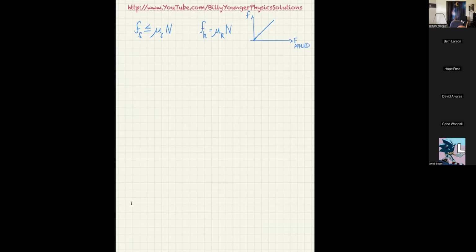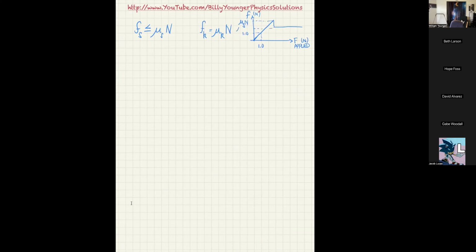So, for instance, if you applied a force of 1.0 newtons, both of these being measured in newtons, by the way, then the friction would supply a force of 1.0 newtons as well. And that continued on until you got to this quantity right here, which is mu static times the normal force, at which point it drops back down and the friction force stayed at this quantity.